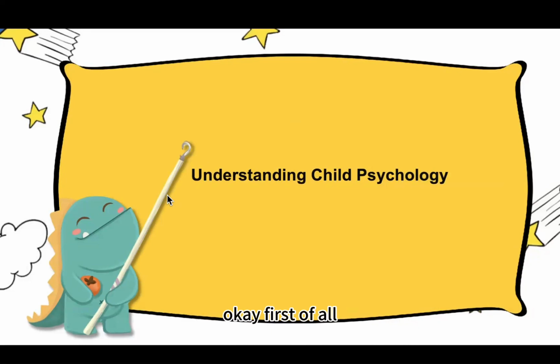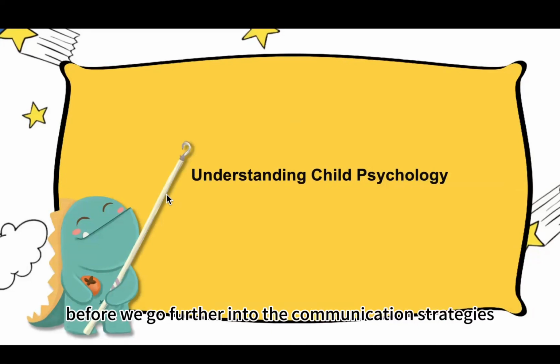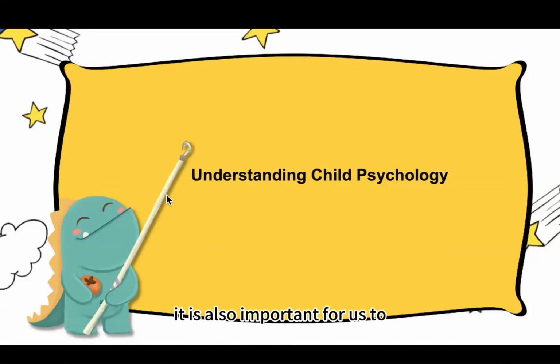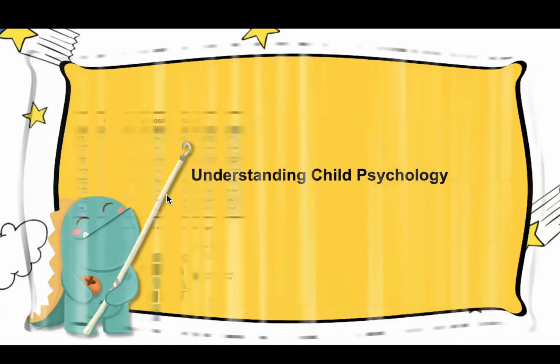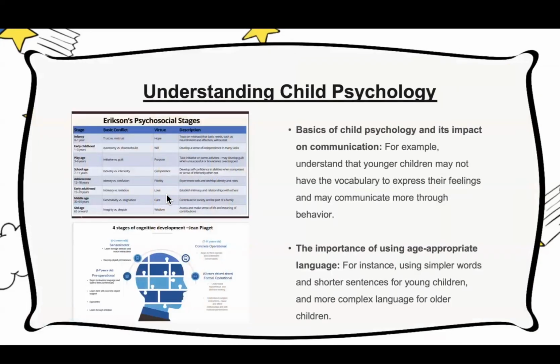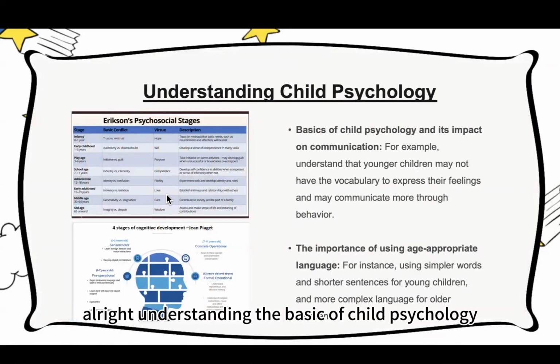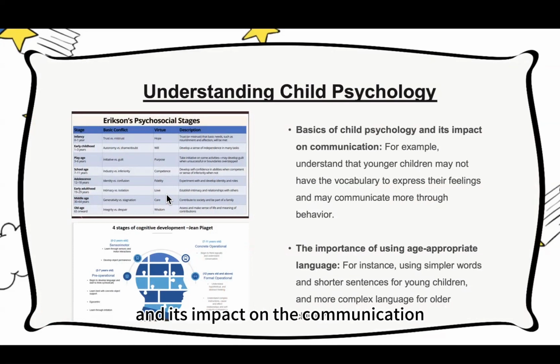Okay, first of all, before we go further into the communication strategy, it is also important for us to understand the child psychology we discussed in the previous module. Understanding the basics of child psychology and its impact on communication.